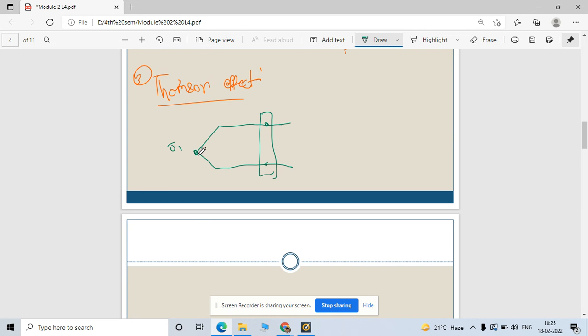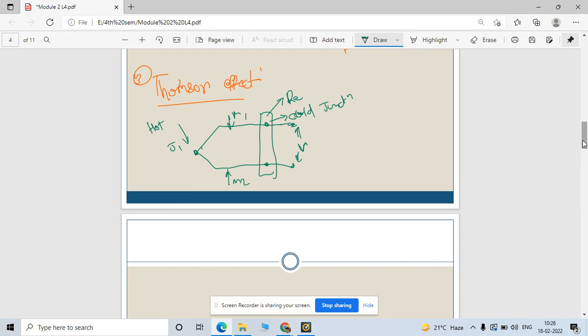This is junction one, which I consider the hot junction, and this is the second junction, which is considered the reference junction, or you can also say the cold junction. From there you can measure the voltages, or supply the voltages, for measuring the temperature. Now this is M1, metal 1, and this is M2, metal 2.